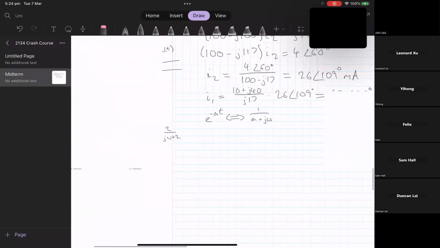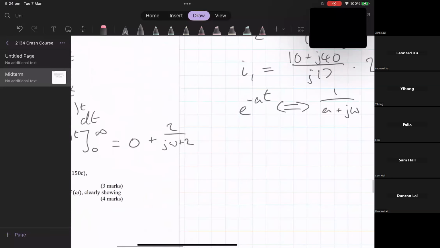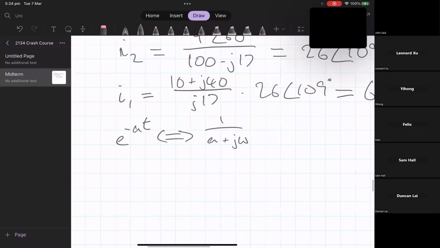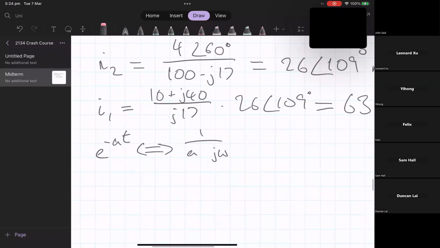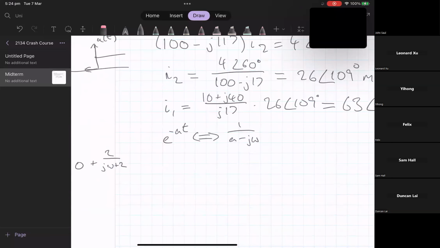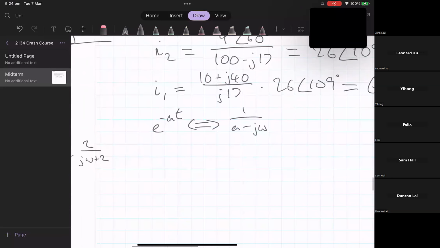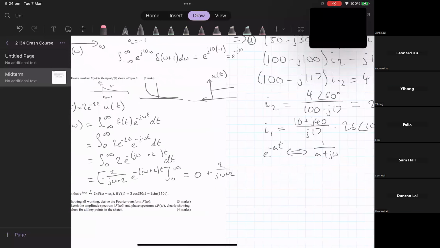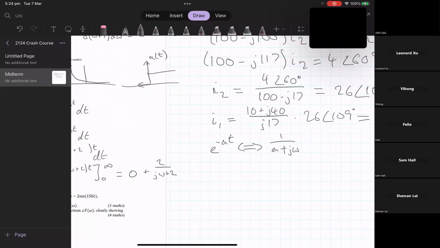You can see that matches our solution here. So where a equals 2, we can just sub in and get the exact solution quite quickly.